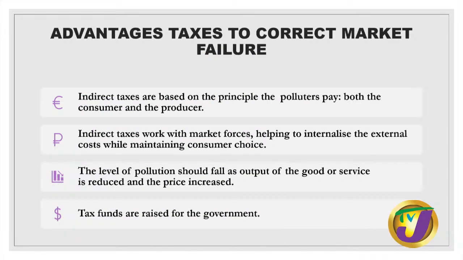All right, so the advantages of taxes now. So indirect taxes are based on the principle that whoever is polluting the environment would pay, right? But sometimes, as I mentioned before, both the person who is directly involved in the transaction and the persons who are not involved are actually facing negative effects.